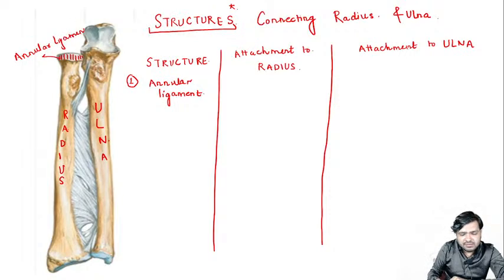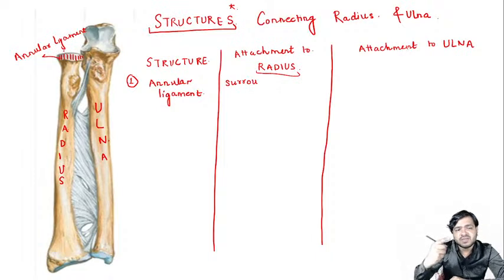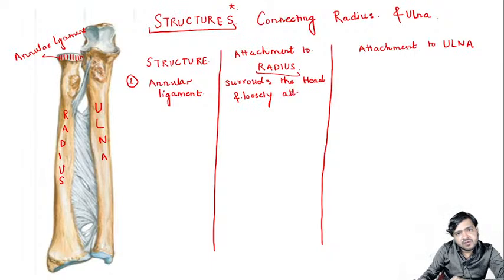Remember, it is surrounding the head of the radius. अब हम रेडियस बोन पे देख रहे हैं, रेडियस के हेड को पूरे तरीके से कवर कर रहा है. So it is surrounding the head and loosely attached to the neck of the radius.